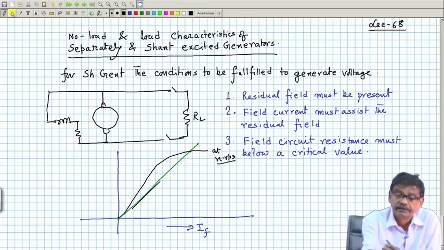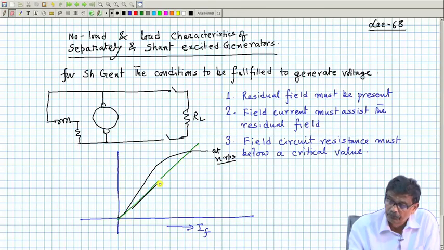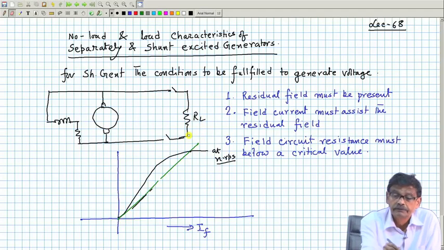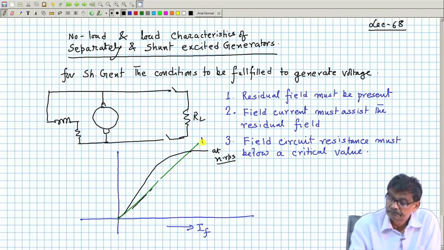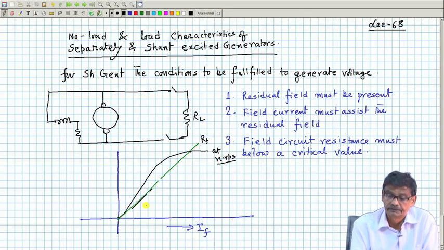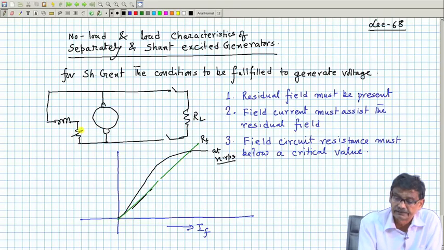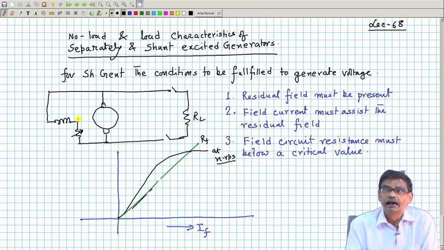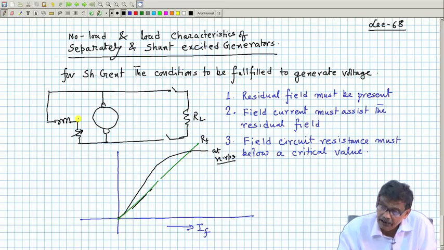Now, suppose this field circuit resistance RF is increased.